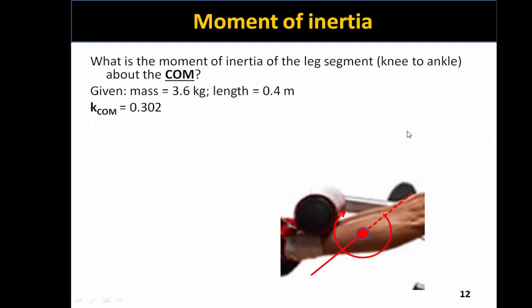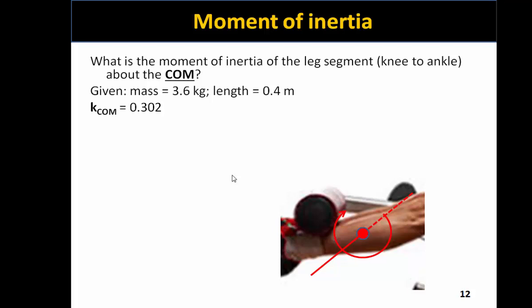Okay, so the first step here is to calculate the moment of inertia of the leg segment. Once again, we're isolating knee to ankle about the center of mass. We have a given mass, we have a given length, and we go to Dempster's table and pick up the radius of gyration about the center of mass, because that's what we're going after here. That was stated in the question. When we go to our diagram, we estimate the axis of rotation going through that center, with the leg rotating about that center.